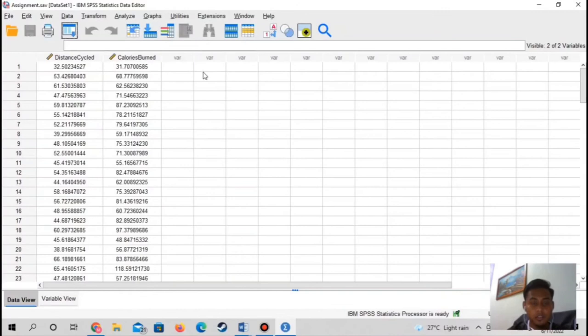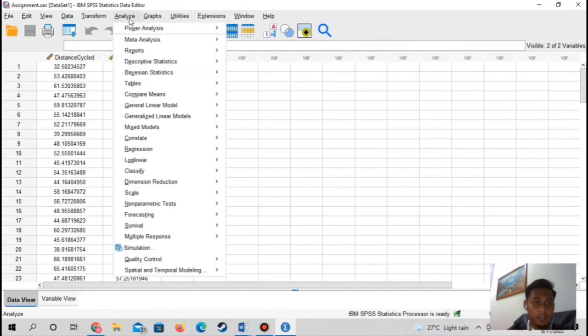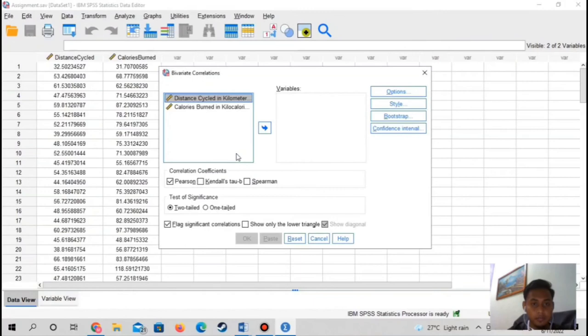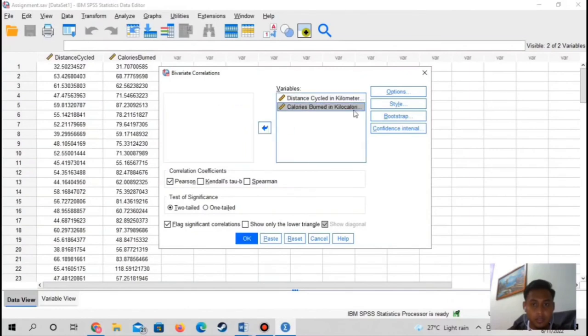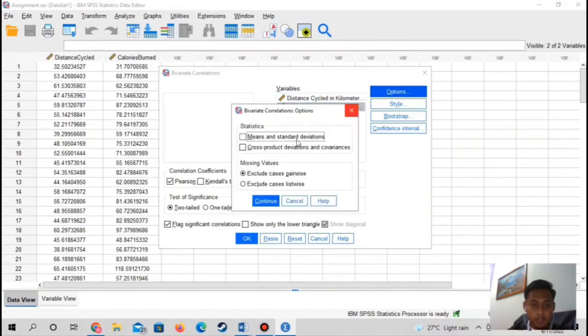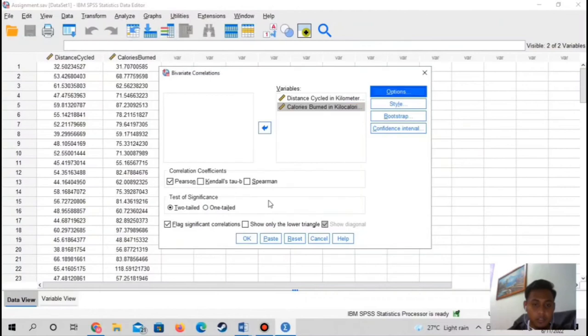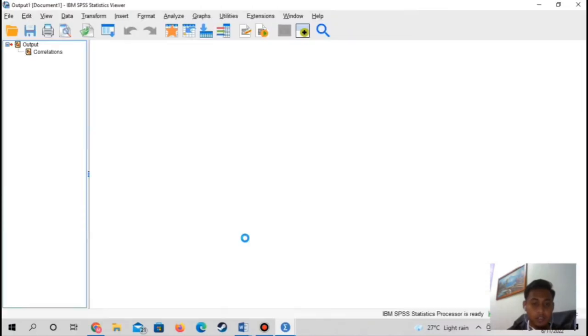To find out the answer for the Pearson coefficient, first we need to click analyze, then go to correlate and click bivariate and transfer both variables to the right side. Click options and tick means and standard deviations and then click OK.